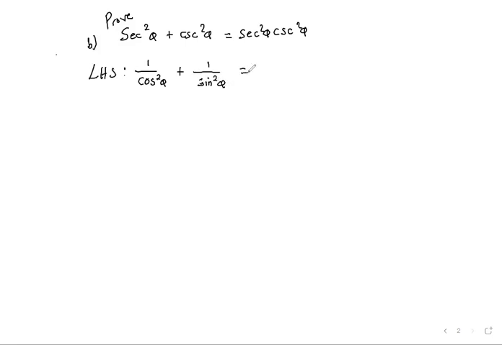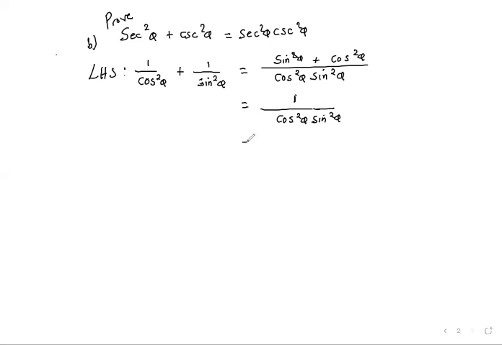From there, we get the common denominator because those are fractions. So we have cos squared, sine squared. And then divide this into that, we get sine squared. And the sine into that, we will get cos squared. Then you add, what is sine squared plus cos squared? 1, over cos squared, sine squared.